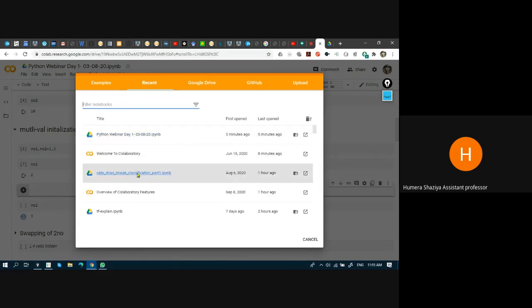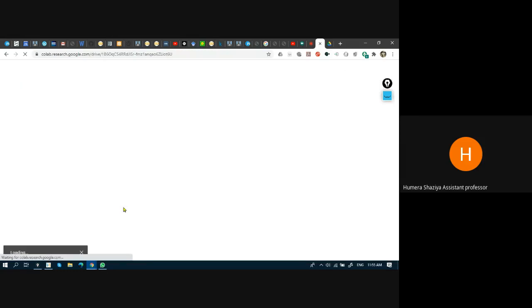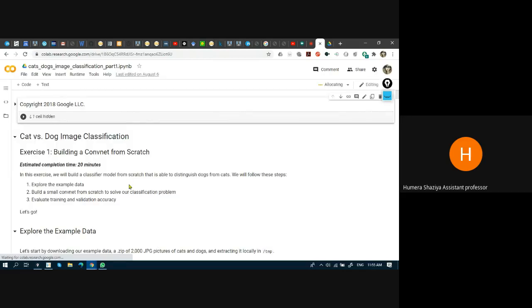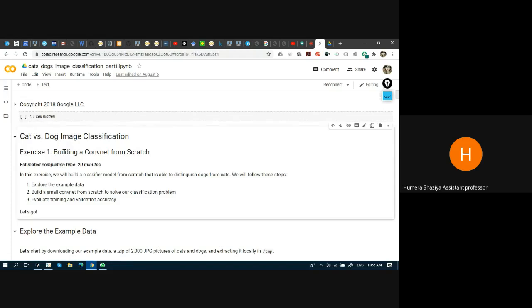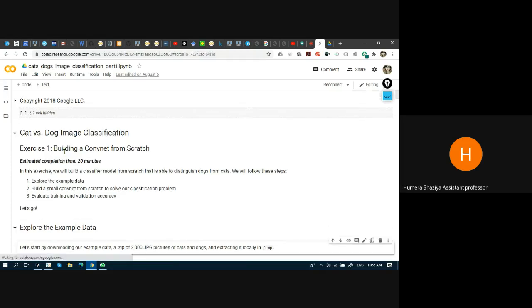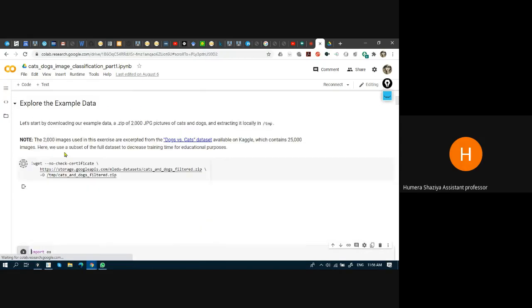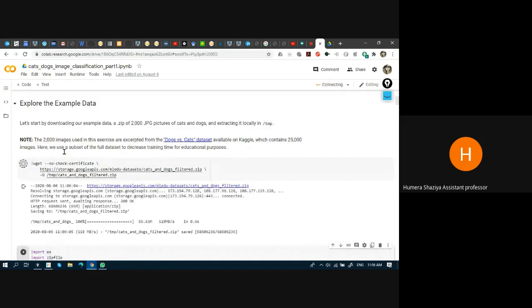So let me open this dogs cat classification. This is a deep learning model to classify the images into dogs and cats, these two categories. So what I can do is I can execute and show you. I would explain also later.